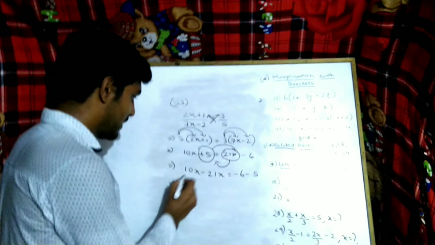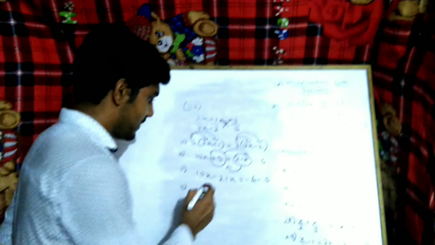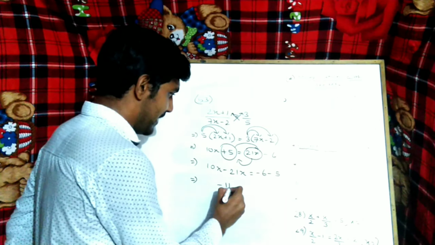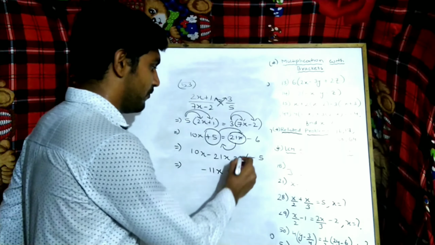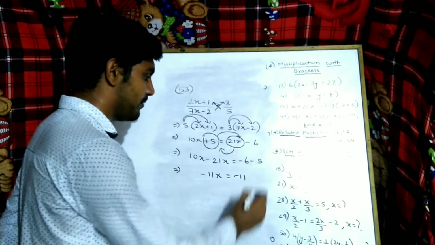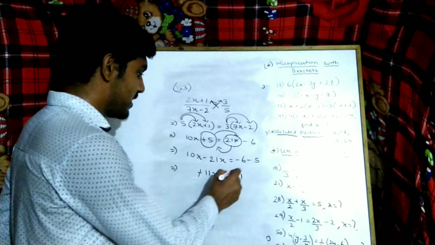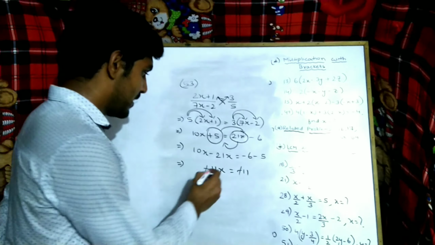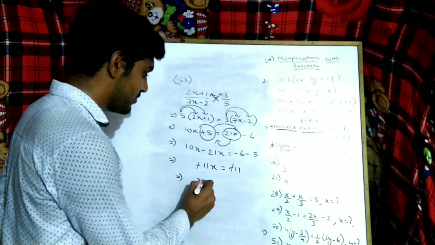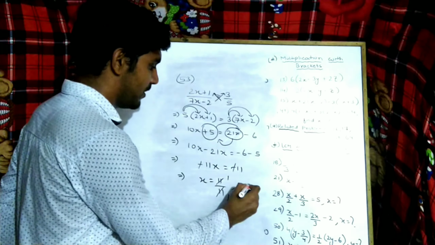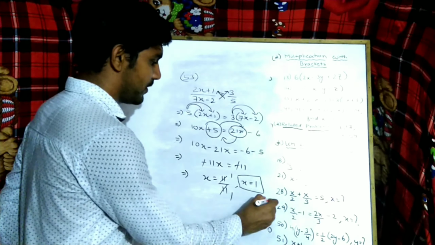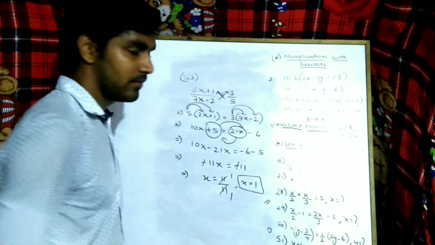Now 10x minus 21x comes minus 11x is equal to minus 6 minus 5. So 6 plus 5 is 11. Which sign is greater? 6 is greater, 6 carrying minus. Now the minus will be cancelled. Now this multiplication goes to that side and becomes division. So x is equal to 11 by 11. So x is equal to 1.